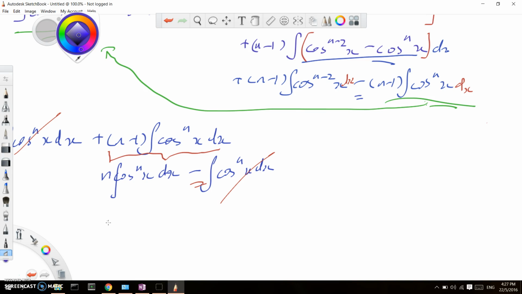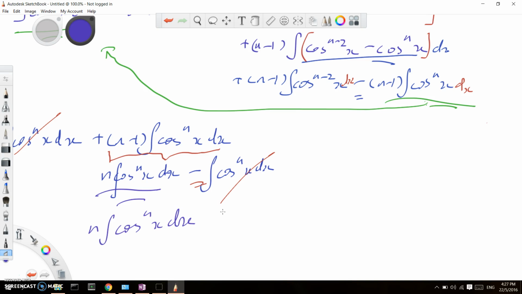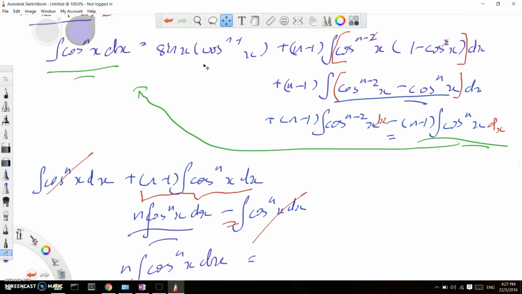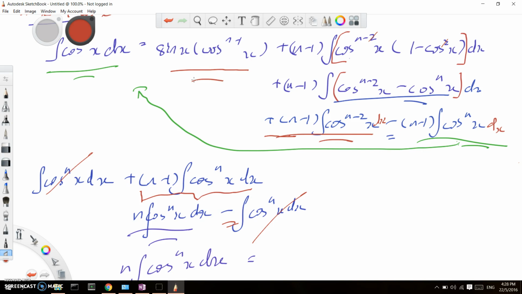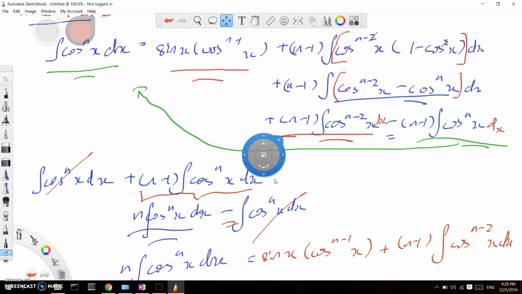So all we have left on the left hand side is n times the integral of cos to the power of n x dx, which equals the right hand side, which is this whole expression right here. So it would be sine x cos to the power of n minus 1 x plus n minus 1 integral of cos to the power of n minus 2 x dx. There you go. Nice.